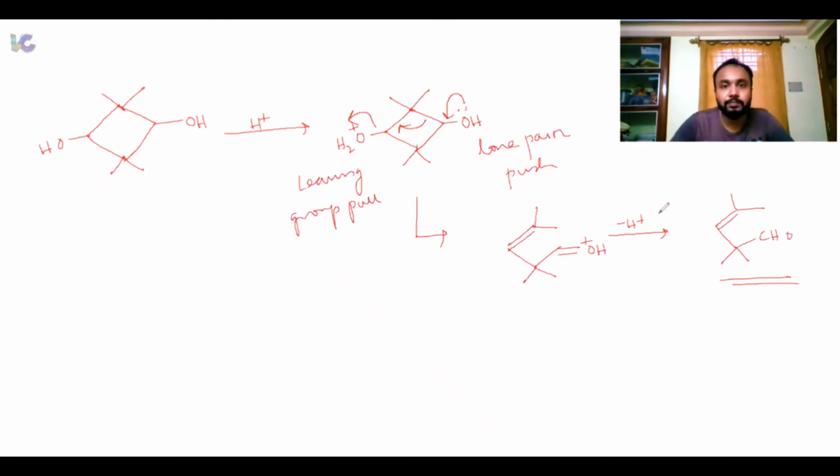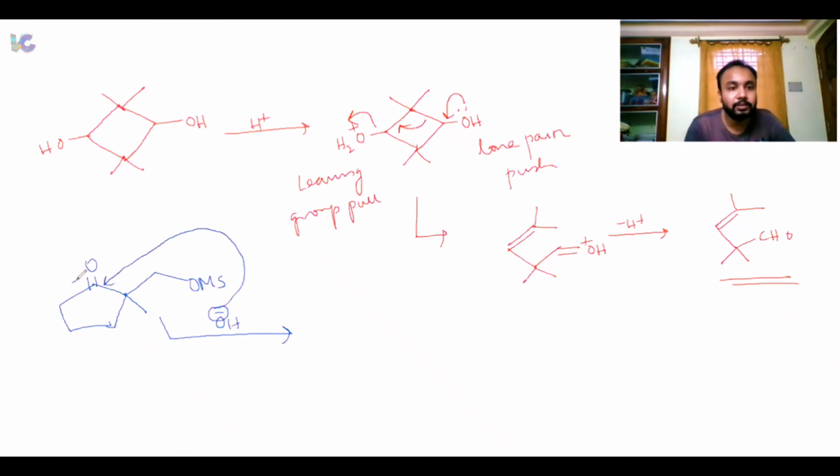Let's take another example. If we have a system like this, we have a keto group, and we are adding a base. This base will directly attack here, so we get O minus and OH.